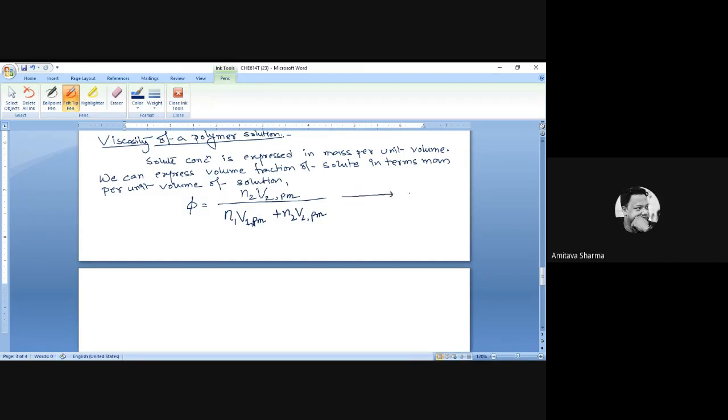So this is equation 9, in which I have written phi in terms of partial molar volume, that is number of moles into the partial molar volume of V2.